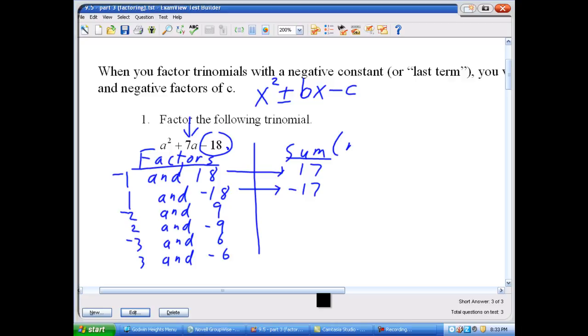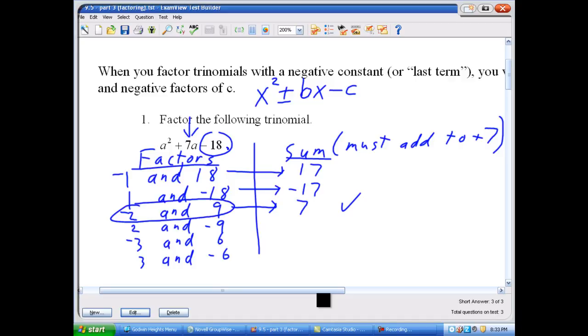So the sum must add up to the middle term, which is positive 7 in this case. Let's keep going. If I do negative 2 and 9, that's going to give me positive 7, and it looks like I'm done. So negative 2 and 9 are the right ones, but that's not good enough.